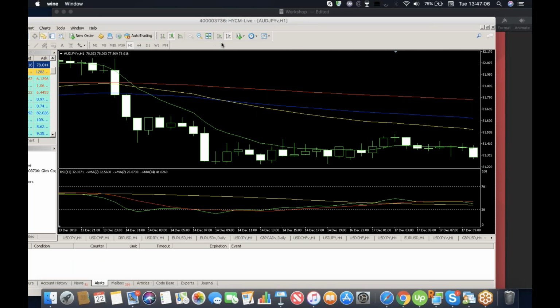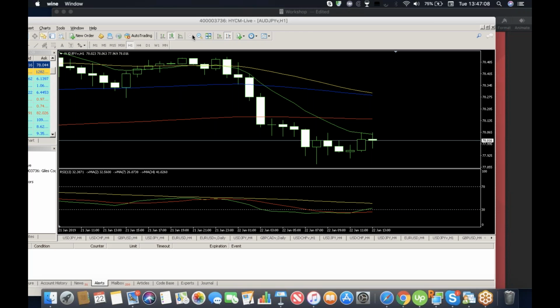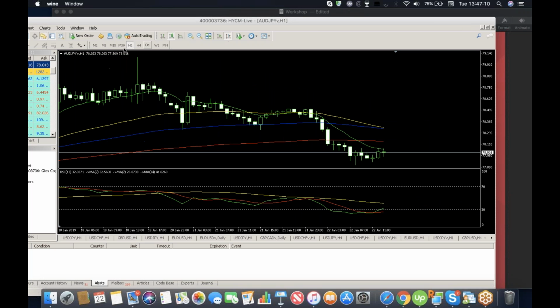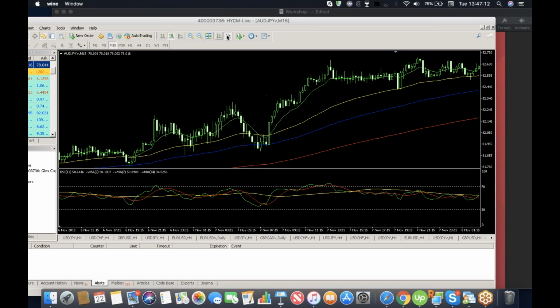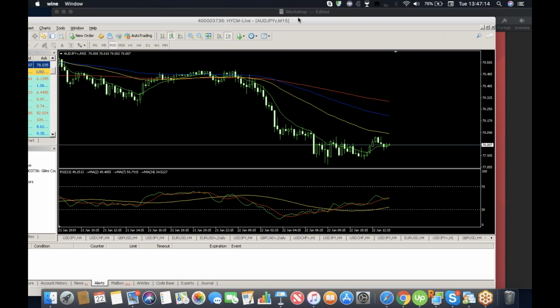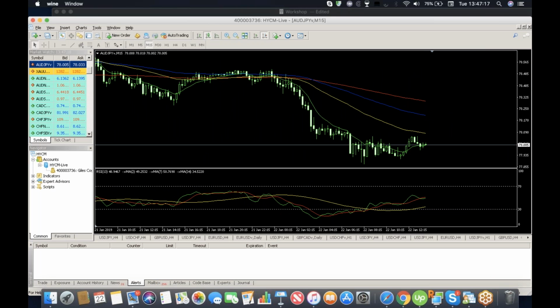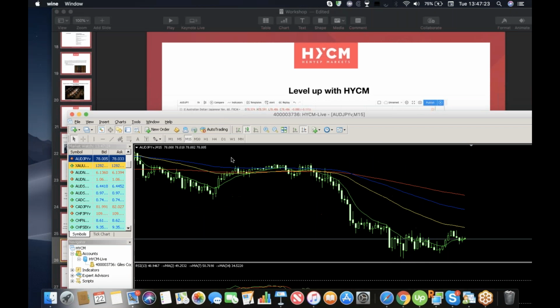And there we go. All right. Let's see what price is. Always go down to the 15-minute chart as well. Okay, so let's see what we got. Where are we looking at?